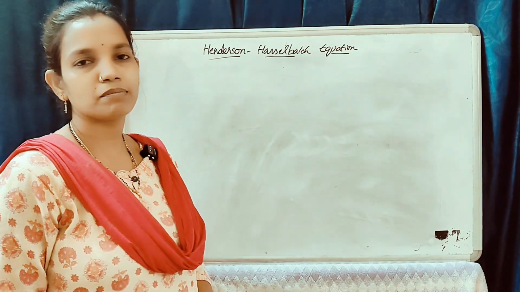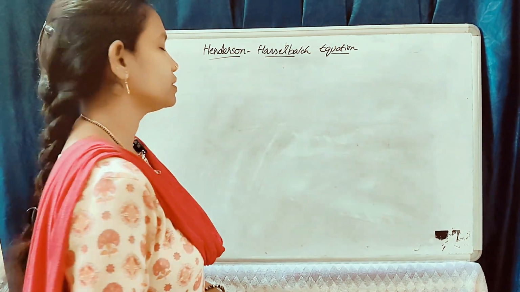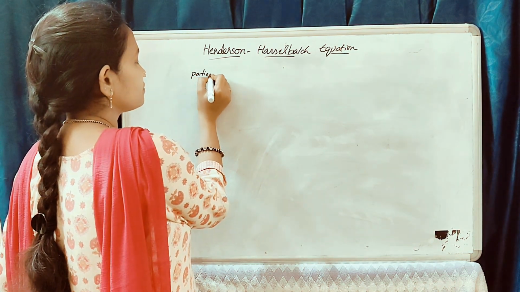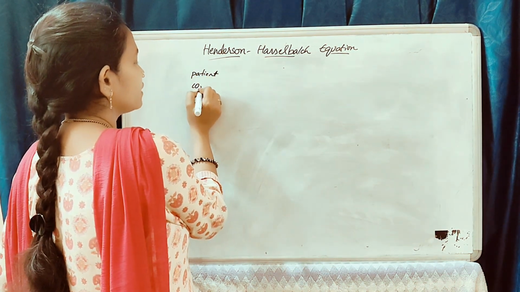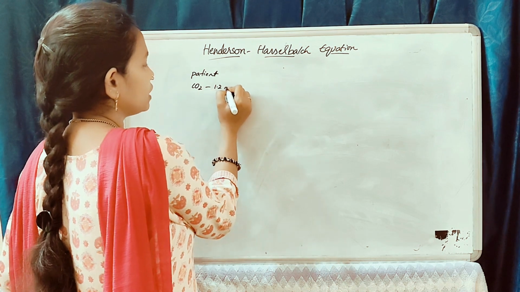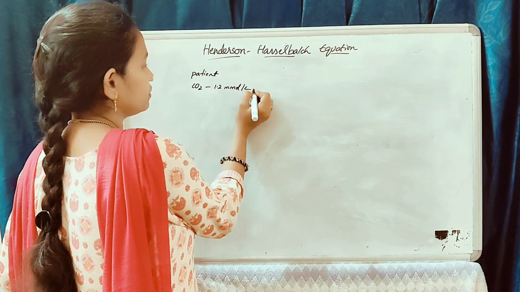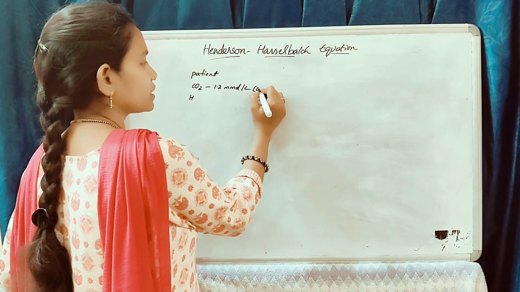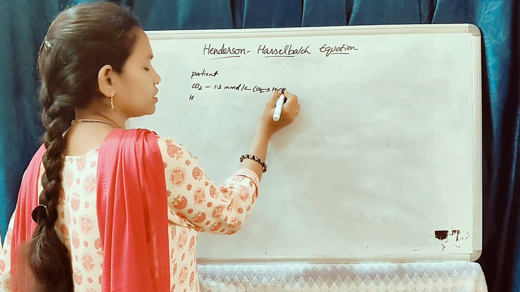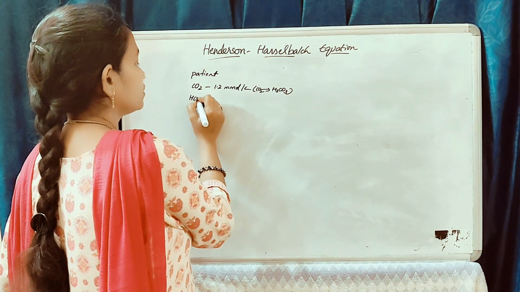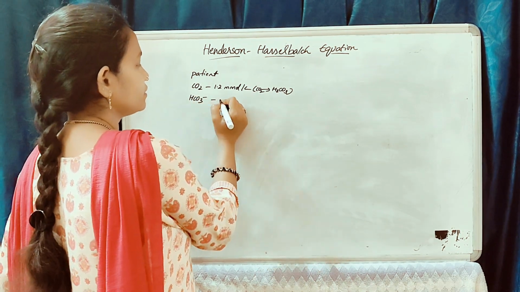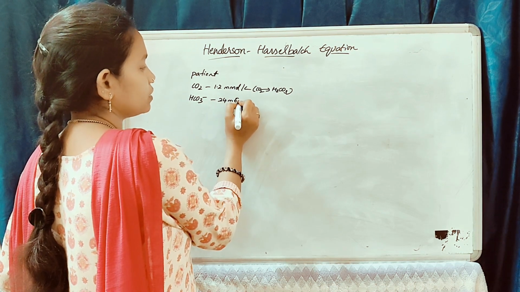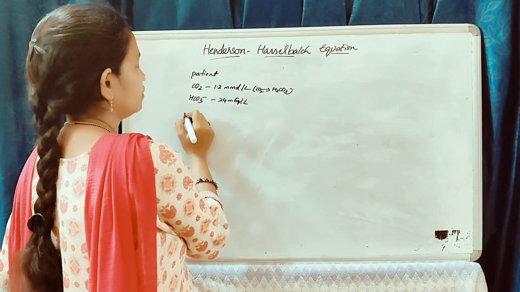Now let's take an example, a clinical example, right? If a patient has a carbon dioxide level of 1.2 millimole per liter, which will be converted to carbonic acid only, right? Okay, so here the bicarbonate level is 24 milliequivalent per liter, right?